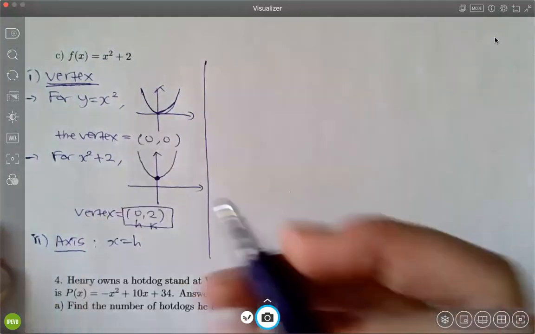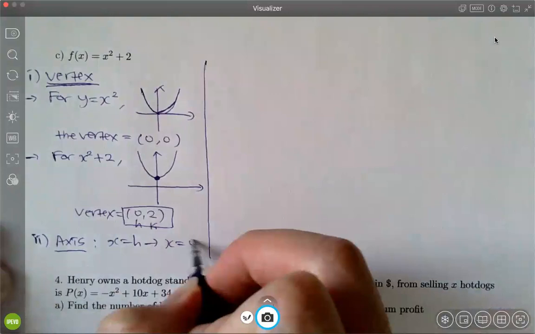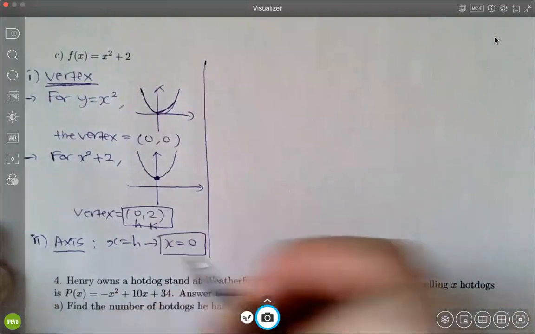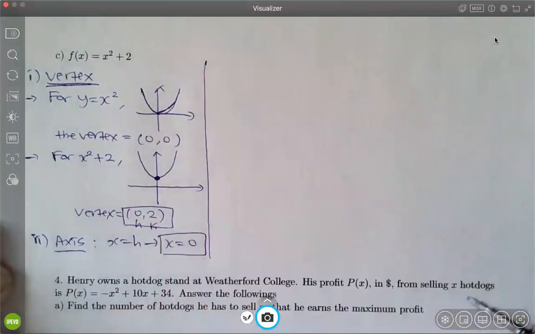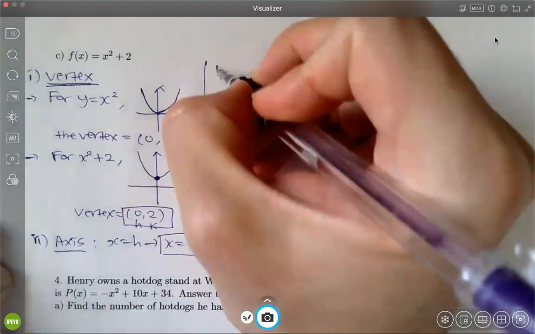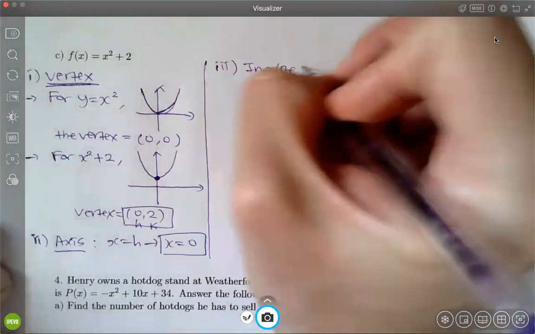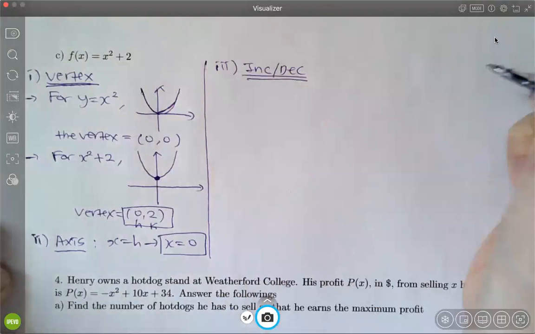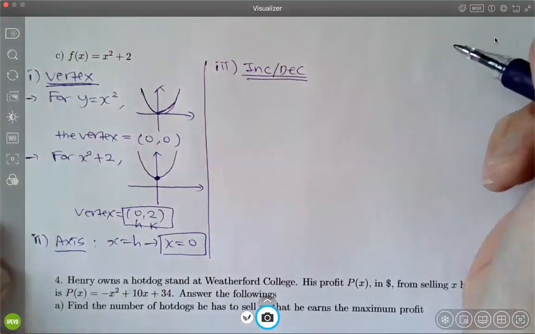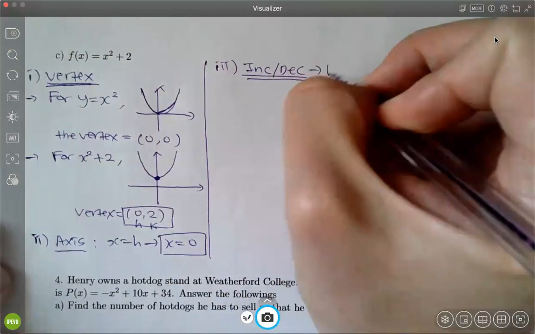So what does that mean? x equals 0 is the axis of symmetry. And then part number 3 was increasing and decreasing intervals. Okay, so remember, increasing and decreasing intervals use h.